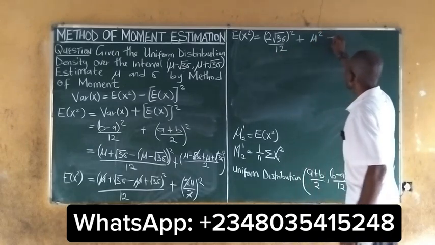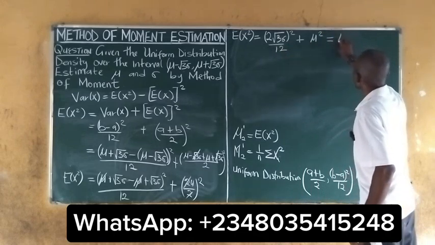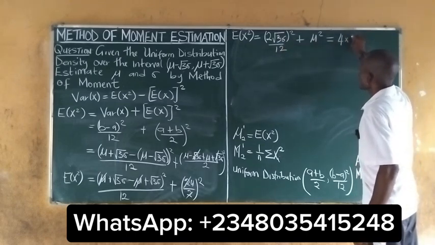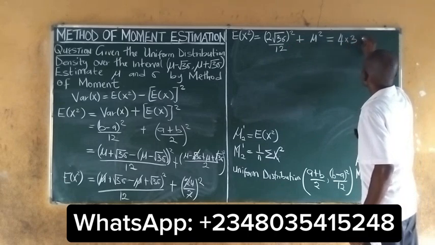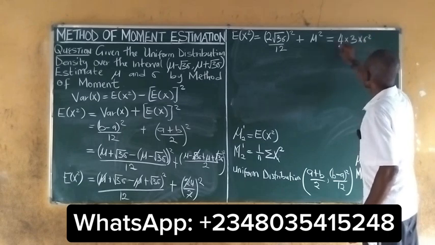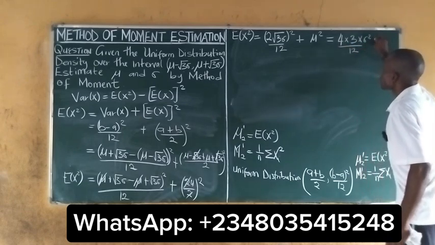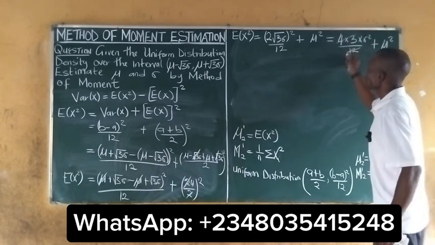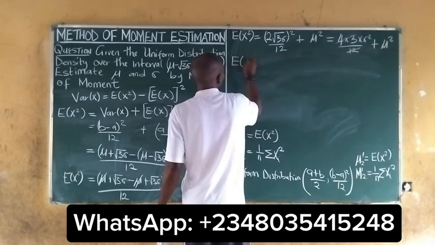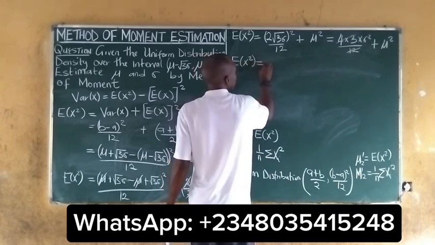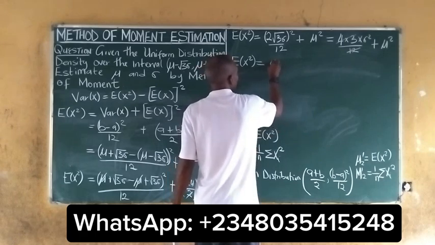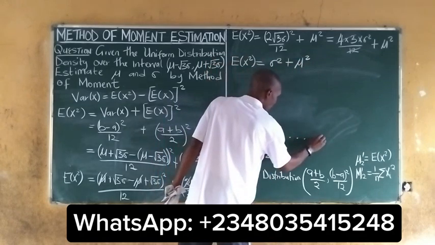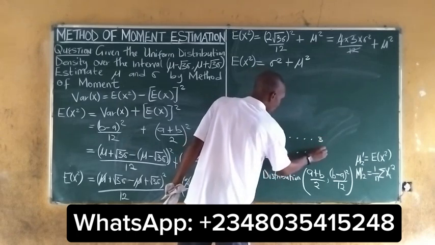This is what we get, which is also equal to, if we open this, 4 multiplied by 3 multiplied by sigma squared all over 12 plus mu squared. So this 12 will cancel this. It then means that our expected value of x squared is equal to sigma squared plus mu squared. So this is our equation 3, and this is our equation 4.